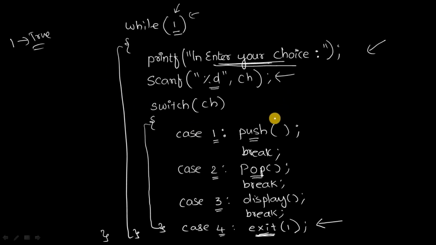And now after the main function, I have to write the code for the push function, the code for the pop, and the code for the display function. So first of all, I will start with the push function.